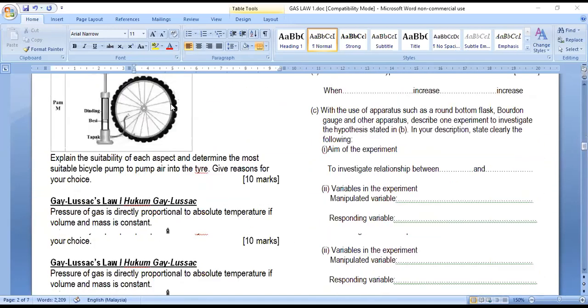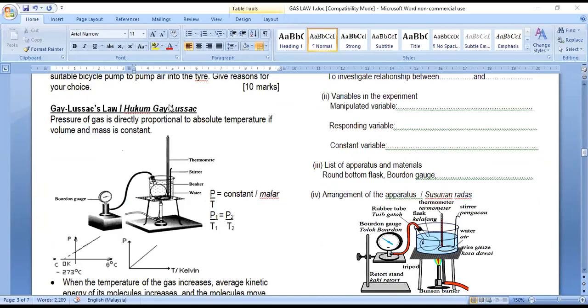Okay. Now next we look at the second gas law. We call it Gay-Lussac's law, or sometimes they call it the pressure law. This law says that the pressure of a gas is directly proportional to its absolute temperature if volume and mass are constant.